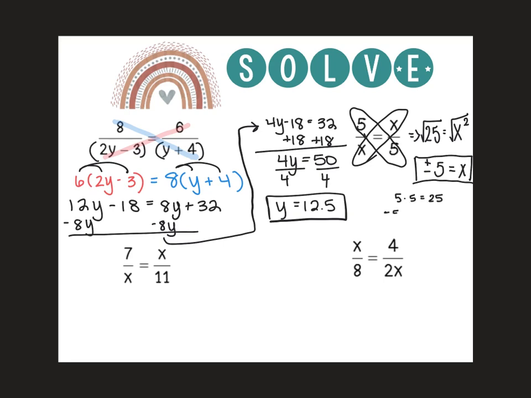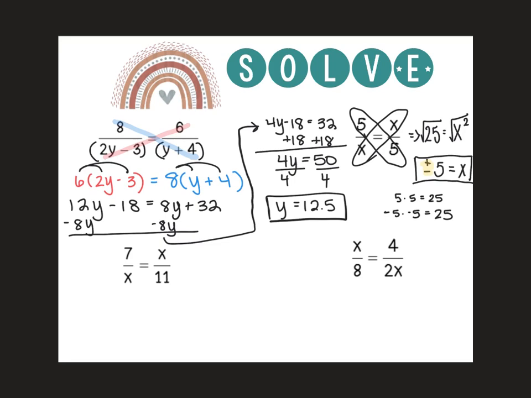But also, negative 5 times negative 5 would also get you 25. So you have to say this plus or minus, because technically both of them would get you 25. So anytime you take a square root, you should have that little plus or minus out in front. So try really hard not to forget that.